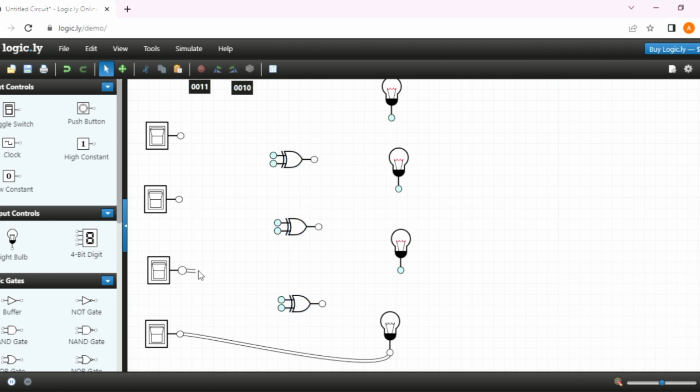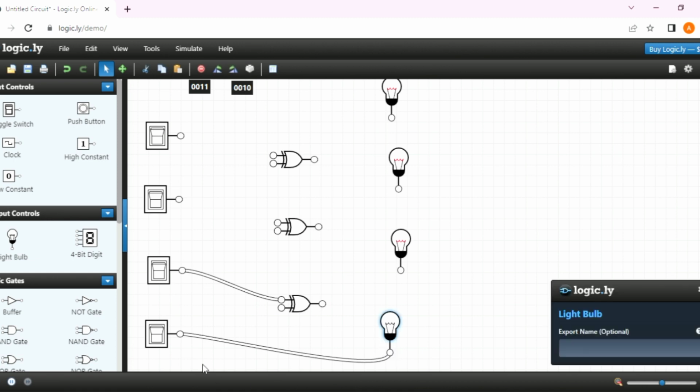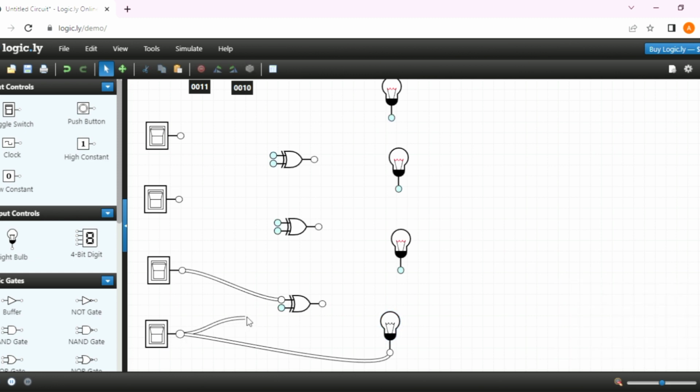So the second bit goes to the second XOR gate, and the other input should be given from the output. Since the output is directly the first bit, we should connect the first input directly.